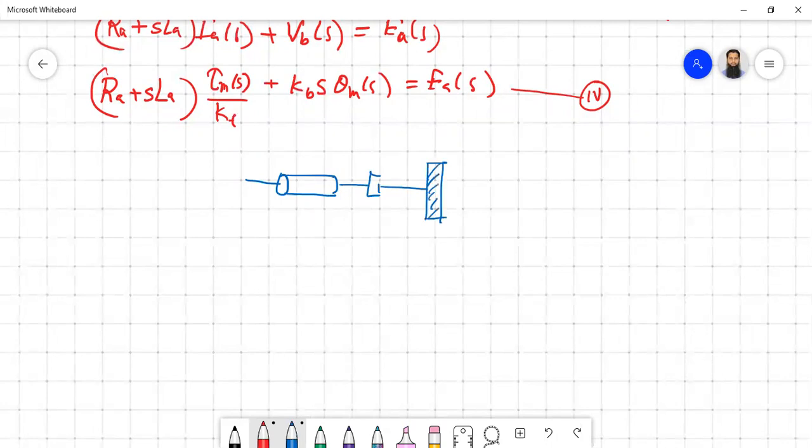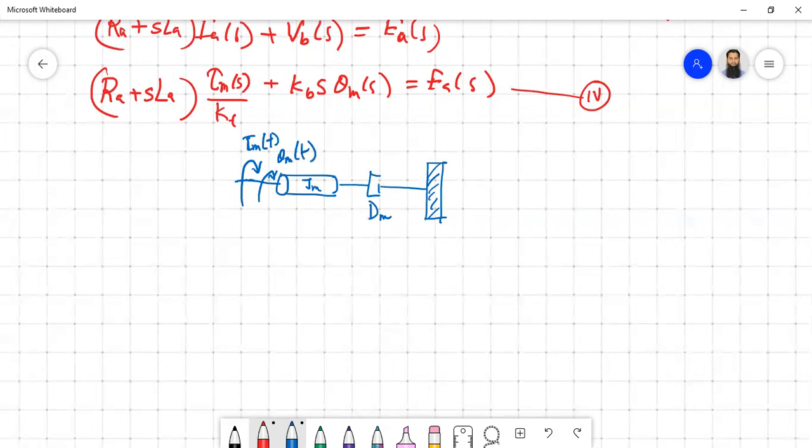So we have Jm, the motor inertia, and Dm, the motor friction or viscous friction, related to the torque tau m(t) and the angular position theta m(t).